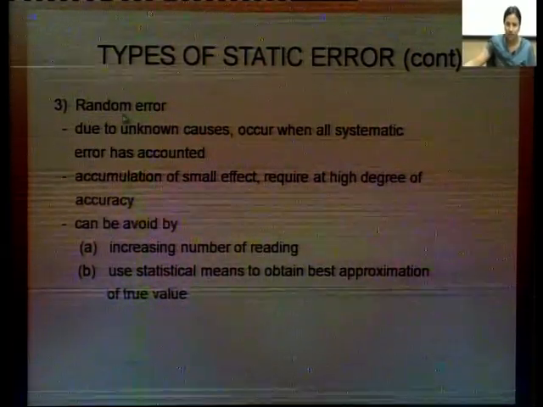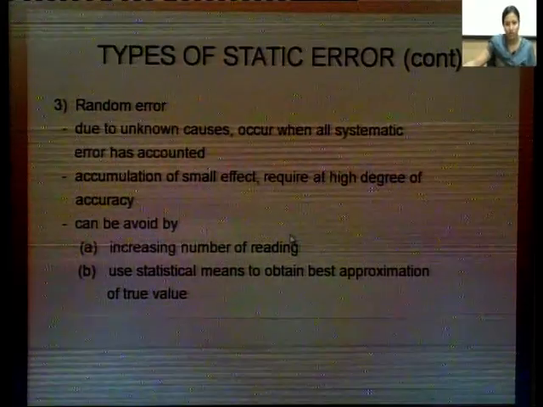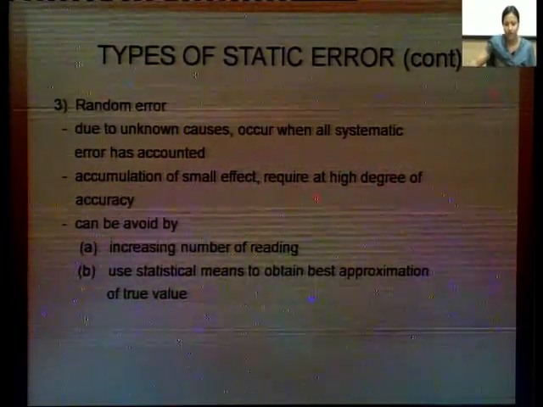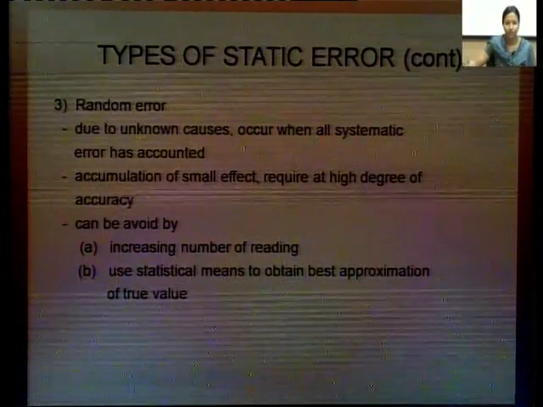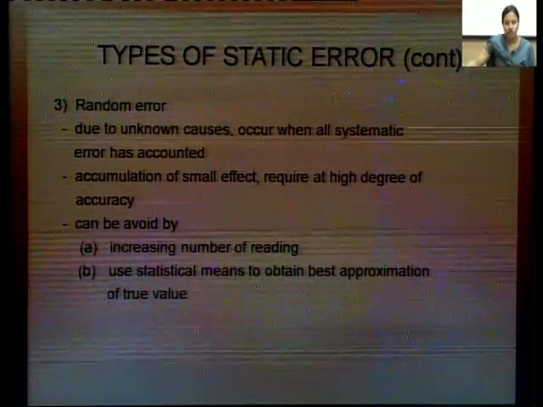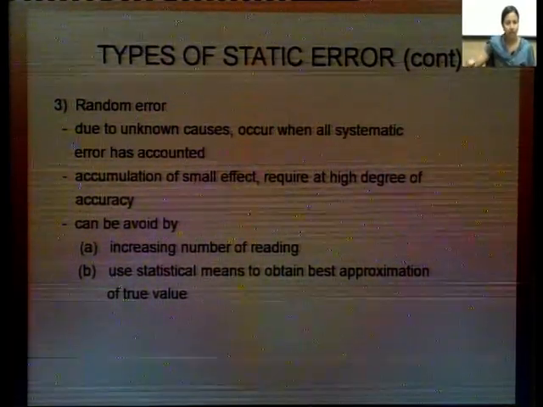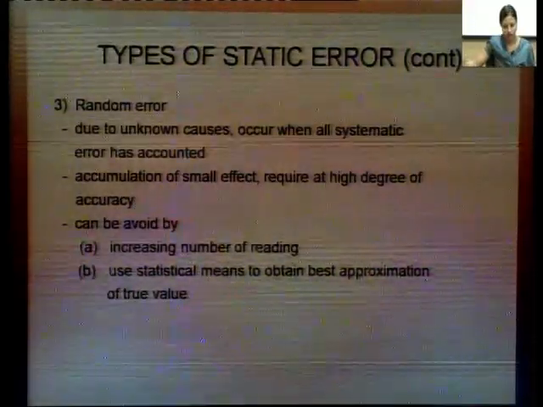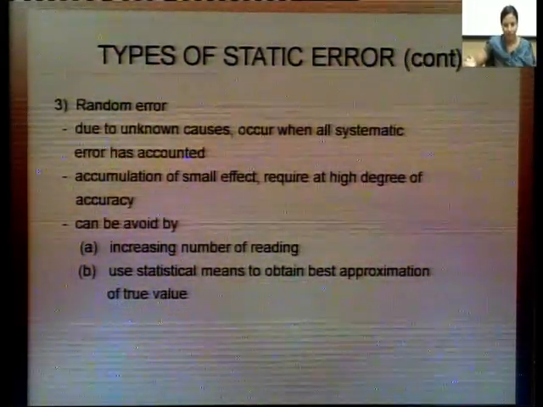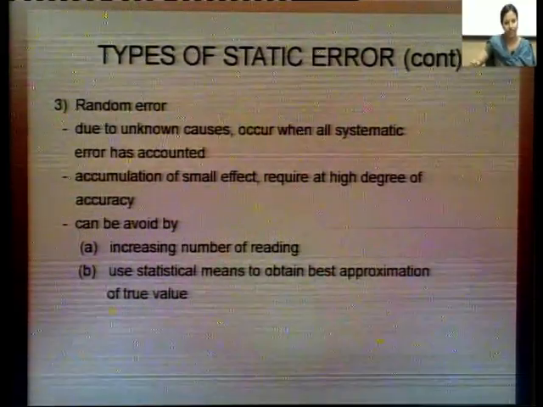So random error can be reduced by increasing the number of readings. If we increase the number of readings, then we can take the average of all these readings to reduce the random error. Random error cannot be 0, it is always there, but it can be minimized by increasing the number of readings.